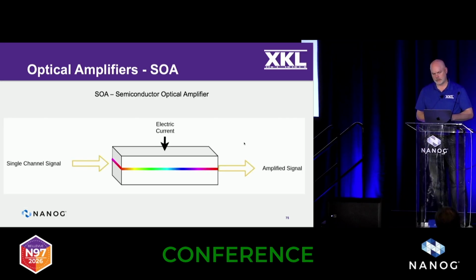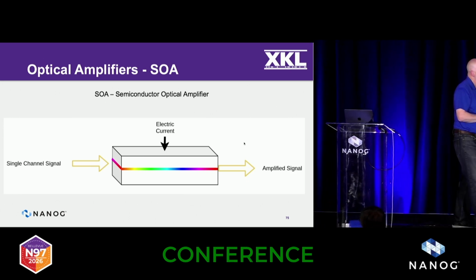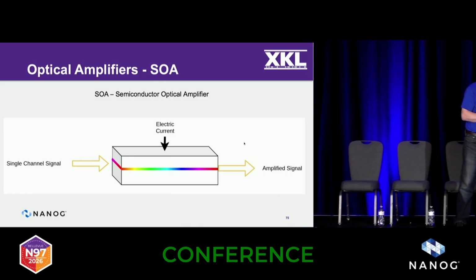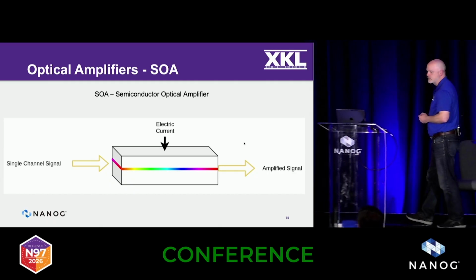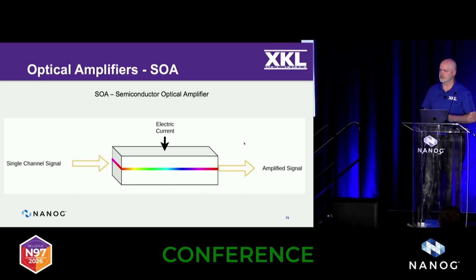These are the less common type of amplifiers. It's a semiconductor optical amplifier where we can apply an electric current and we can transfer some of the energy to the optical signals this way. It's just not a very robust amplifier for single channel kind of stuff, and you typically aren't going to see these used out in the solution you're looking at.